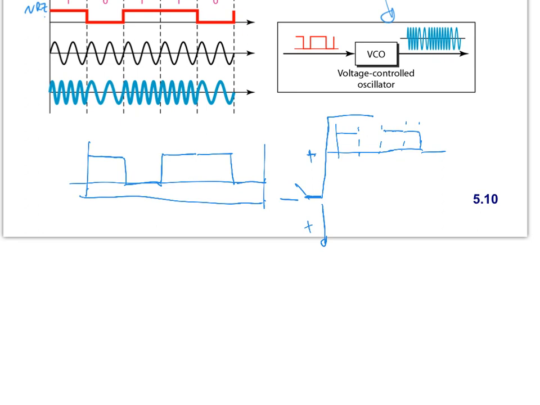And here we'll have nothing and then zero, or negative voltage, doesn't matter, and then nothing, and then zero. We get this, we multiply it with an oscillator.